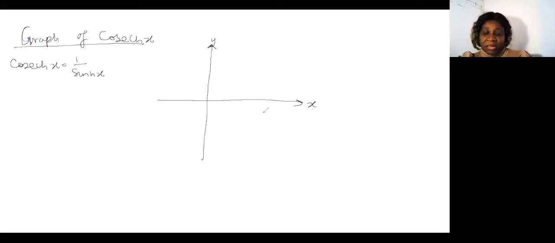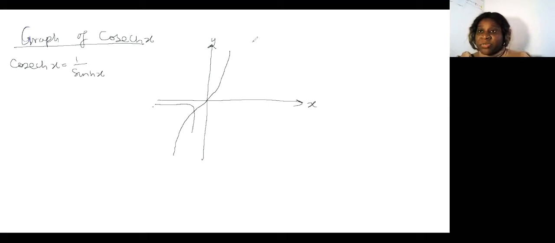So you would have, if this is, oh, my drawing is so poor. If this is y is equal to sine x, then you have cosec x is that one.